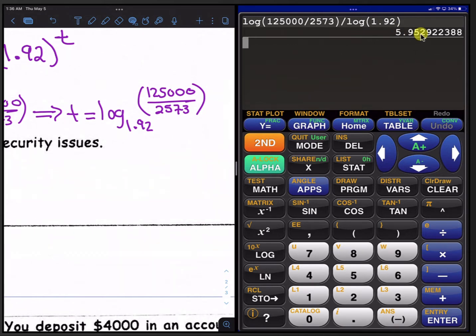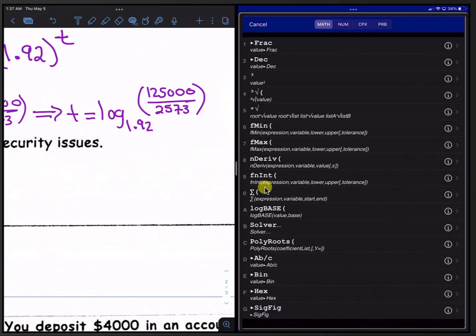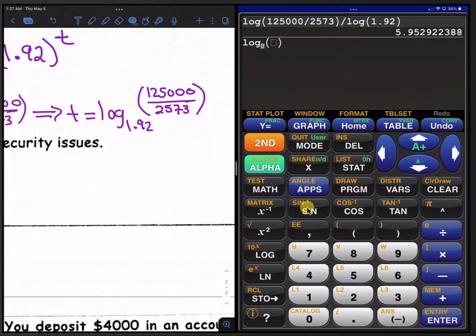Let's also do it the other way. Let's press the math button, choose this log base option, type in our base of 1.92, and then type in the fraction, 125,000 over 2573.